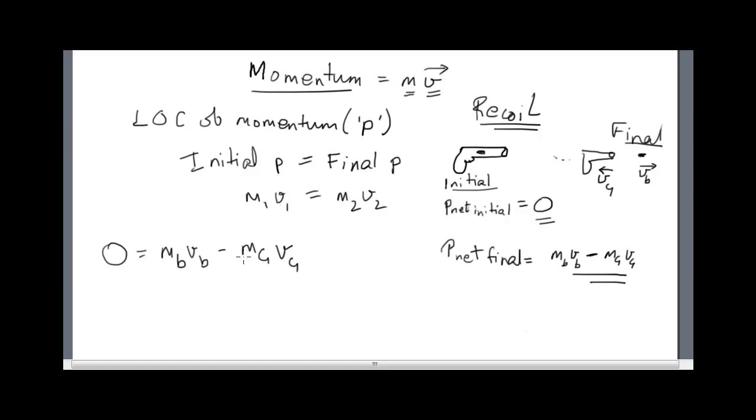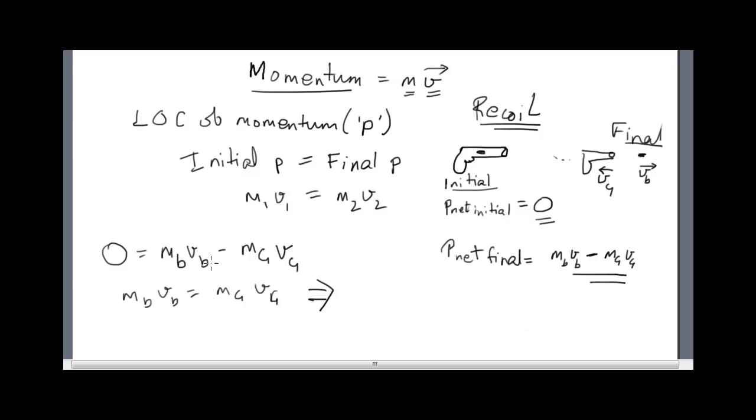So when we bring this mg vg, which is the momentum of the gun, to the other side, we get mb vb is equal to mg vg. Forgive my handwriting, I'm still new with this software, but it will get better soon. So this symbol means implies.